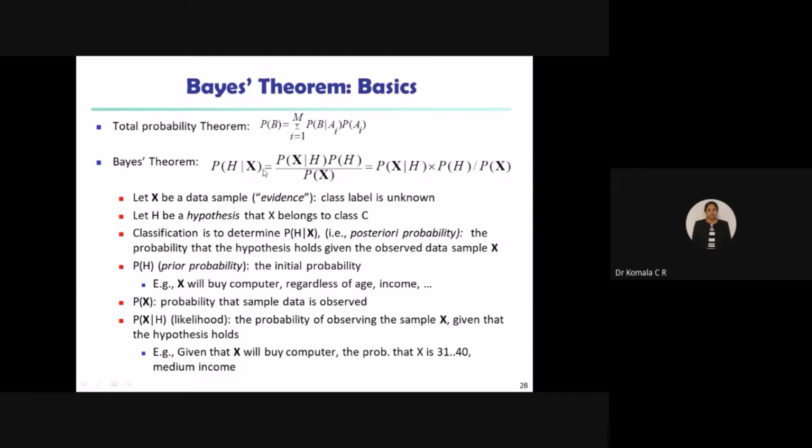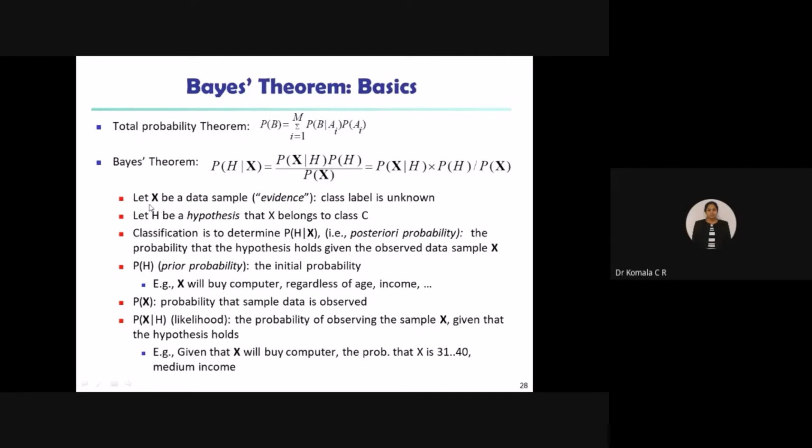So P of H given X is defined as P of X given H into P of H, divided by P of X. Correct? The same thing is written in the slide. Let us understand what P of H, P of X, and P of X given H are. This is just written, not necessary to derive here.